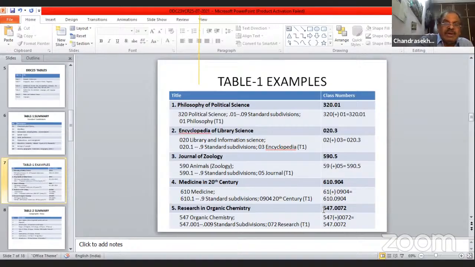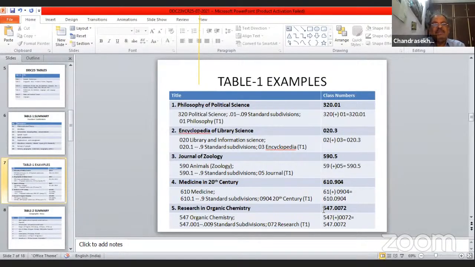Here he has omitted the 0, and taken 02 only as the base number for library science, then attached 03 for encyclopedia: 020.3.